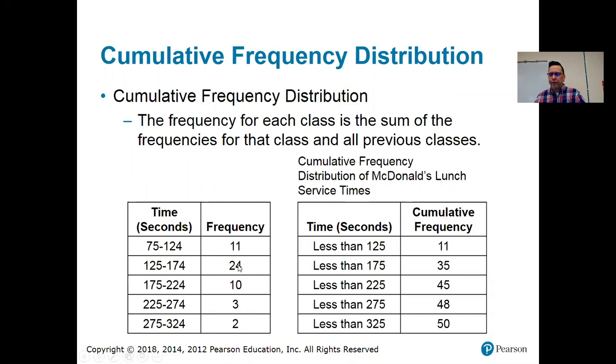If this was a 0.48, the next one over here would be 0.22 plus 0.48 is 0.7. If you're doing it from a cumulative frequency, you can just divide all these by 50. That's even simpler. 0.22, 0.7, 0.9, 0.96, and then the last one would be a 1.